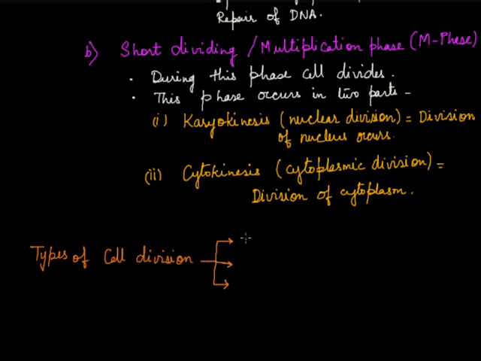The first type is mitosis, which forms two daughter cells. The second type is meiosis.